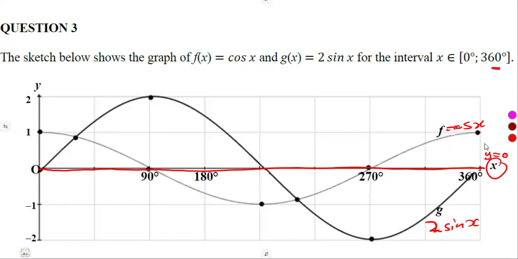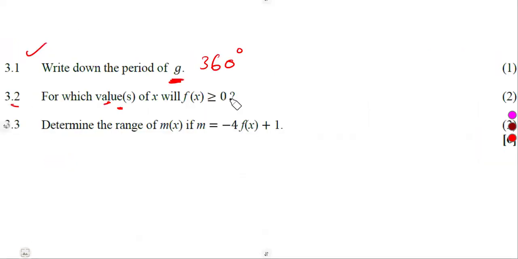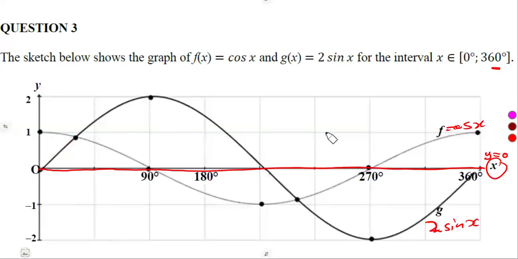So they're saying, where is it that the graph of f is above the x-axis? If you check here, the graph of f is above the x-axis from here to here. And from this point here, it is above the x-axis.